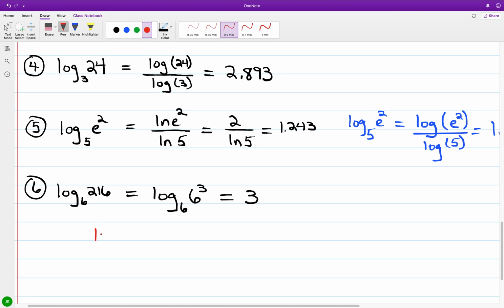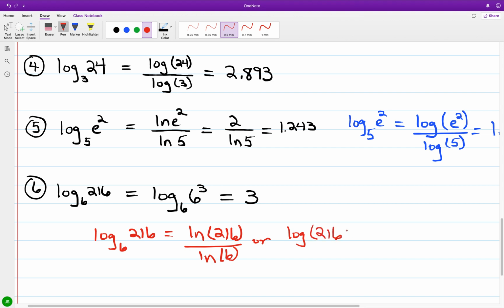Another way that you could look at this is that we can still apply the change of base involving natural and base 10 logarithms, and you can have the ln of 216 all over the ln of 6, or just log of 216 all over log of 6, and that reduction still comes out to 3.